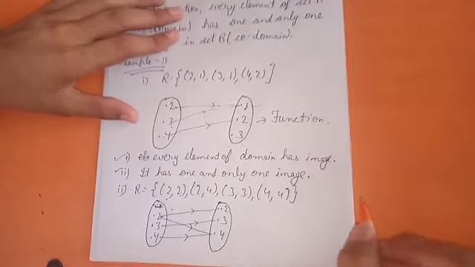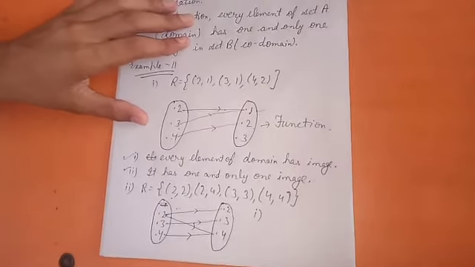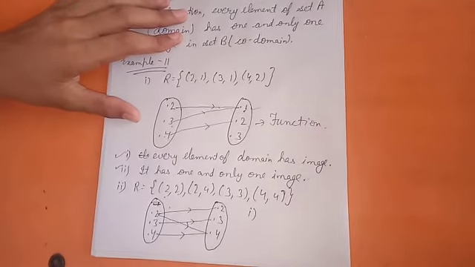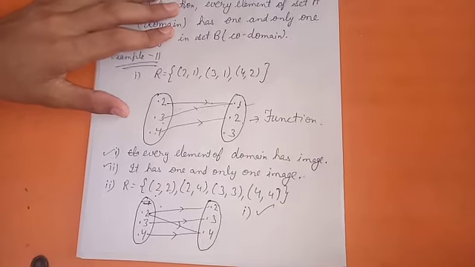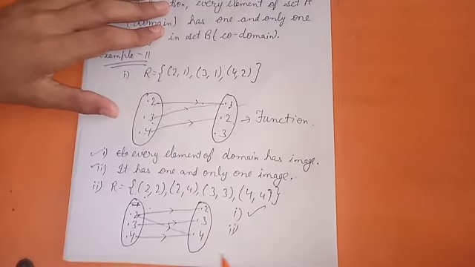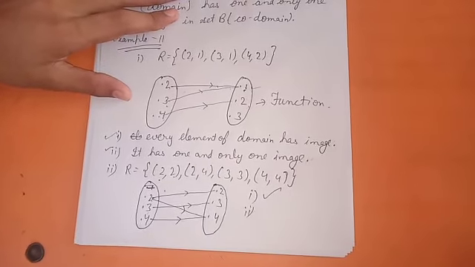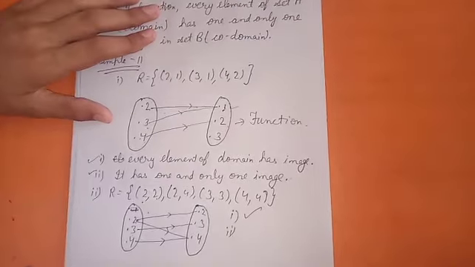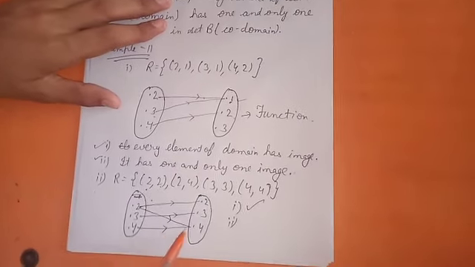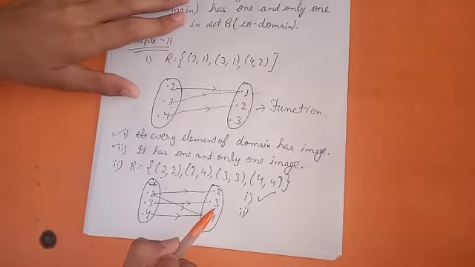Okay. Now again we have to check both the points. First point is, every element of domain has an image. We can check, every element has. So first is true. The second is they must have one and only one image. 4 has only one image, that is 4. 3 has only one image, that is 3.